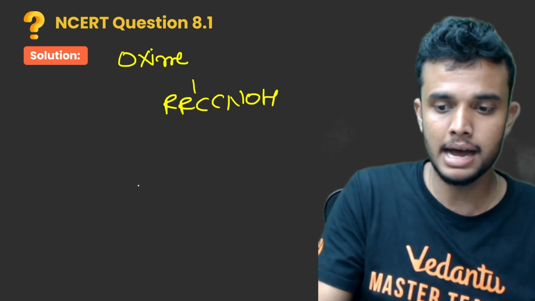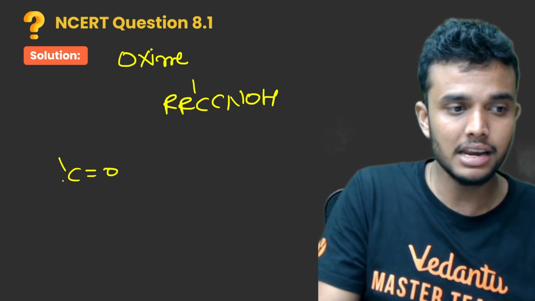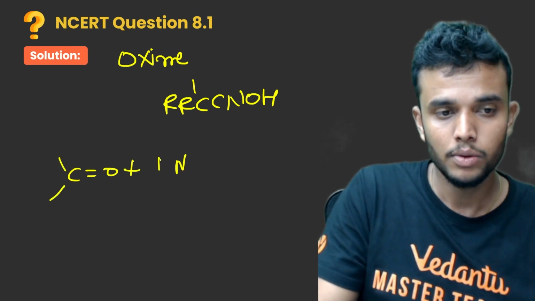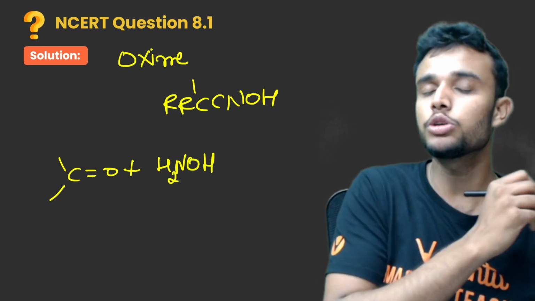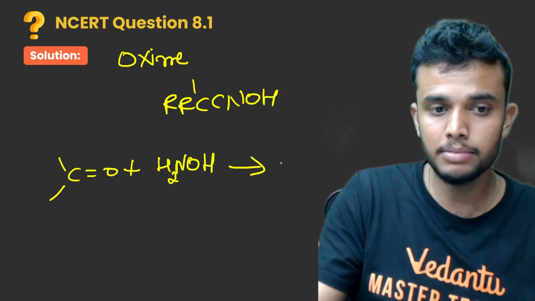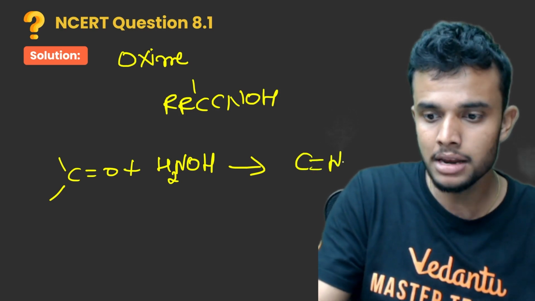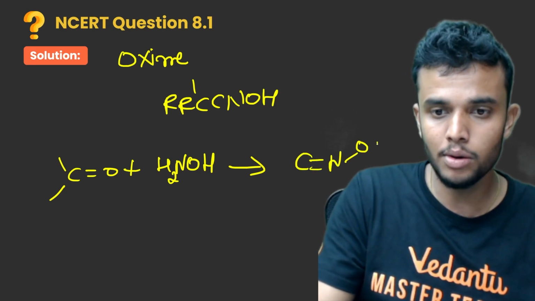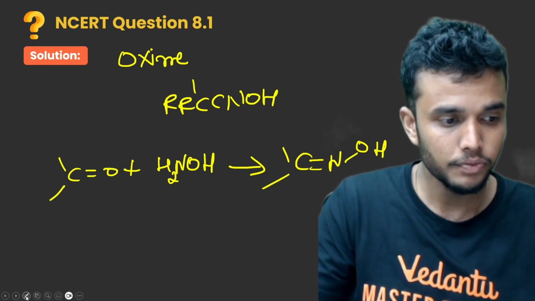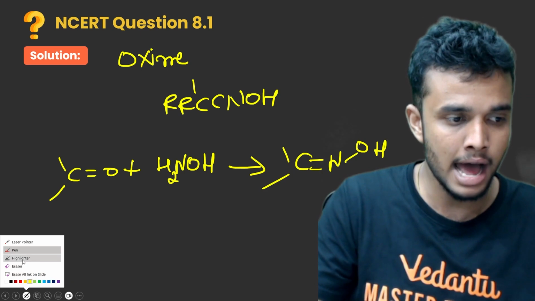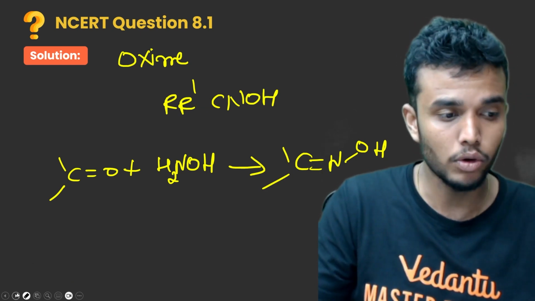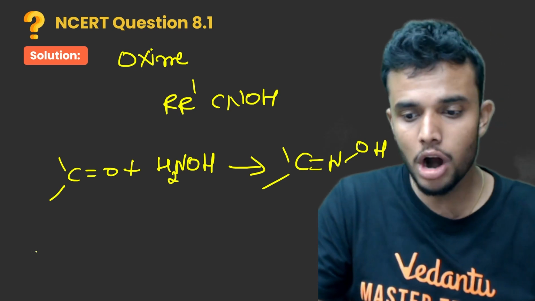It is prepared by the condensation reaction between ketone and NH2OH to yield oxime. Oxime is nothing but C=N-OH. Students, one mistake is there, sorry. The general formula is RR'C=NOH. Okay students, let's move on to the next one.